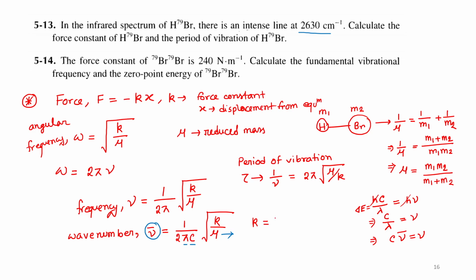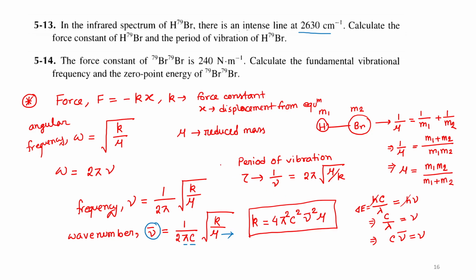Suppose the formula would be 4 pi square c square nu bar square into mu, right? If I remove the square root, if I square both sides, then I get an equation like this, and this is my force constant K. We know all these values, so we'll be able to calculate the force constant.